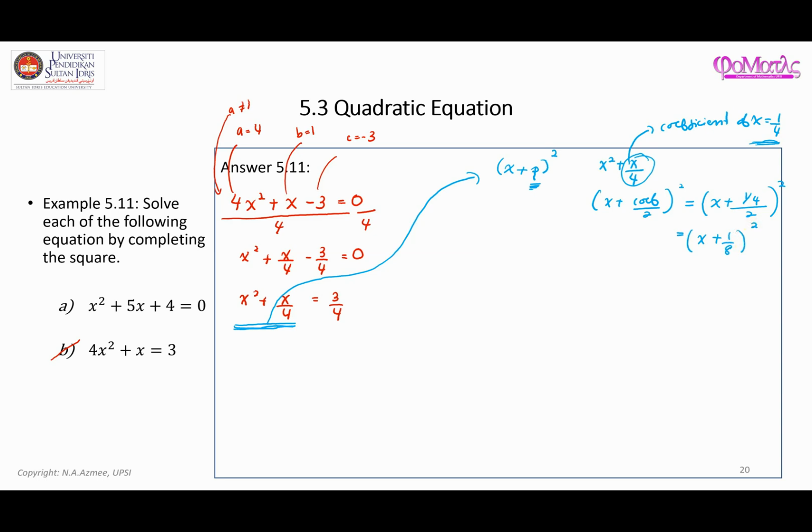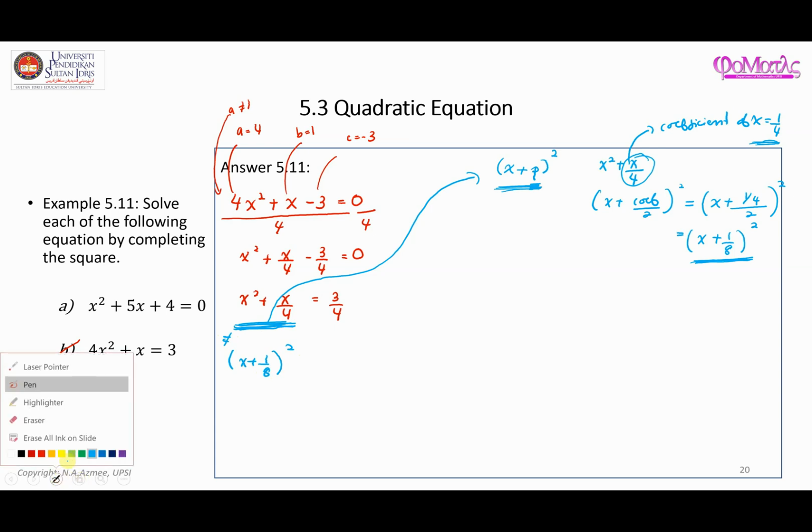Now I hope you can see that the form here is similar to what we are looking for, so x plus a number squared, but we cannot simply substitute x plus 1 over 8 squared and say that this is equal to x squared plus x over 4, because they are not equal. Why are they not equal?